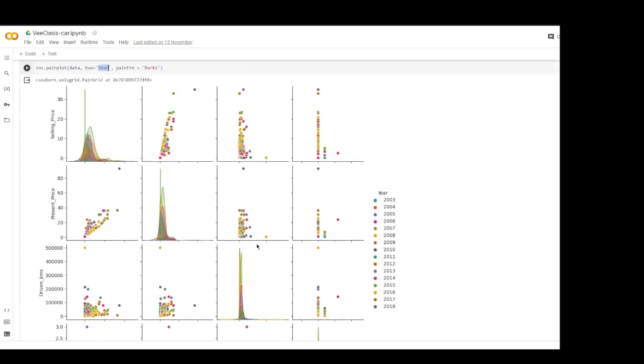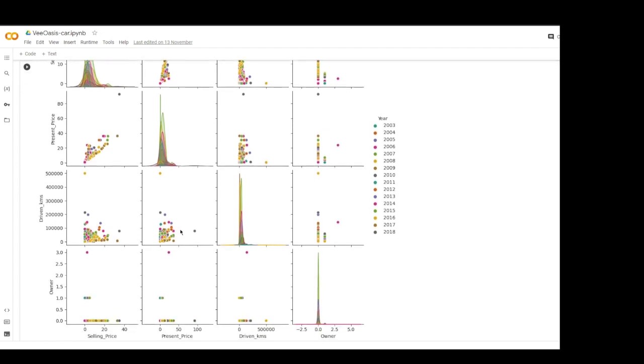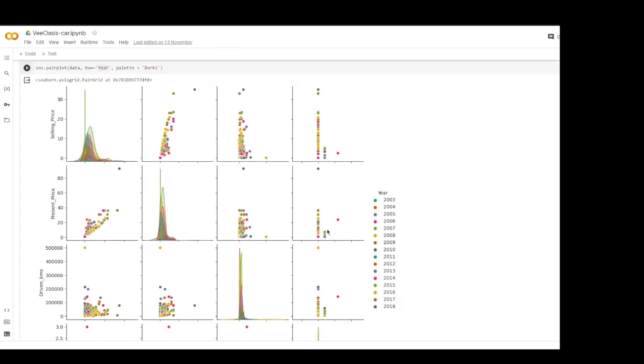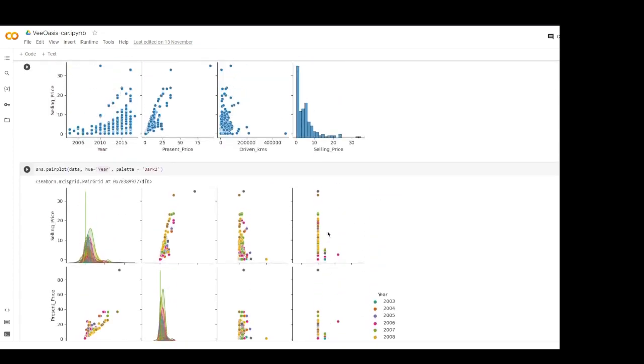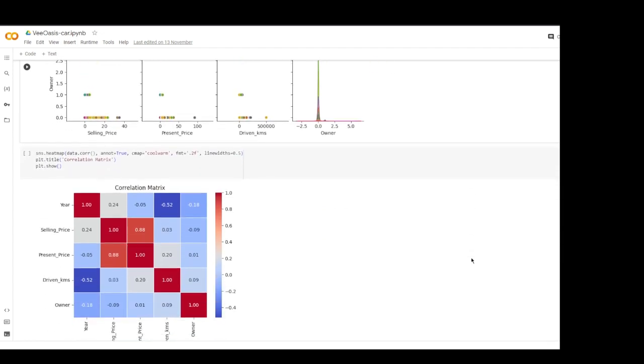So this gives us an insight of in which year how much the selling price was, and in which year how many kilometers the car had. You can see over here it's very congested, but we can gain some kind of insight, an overview of it. Let's dive deeper now.